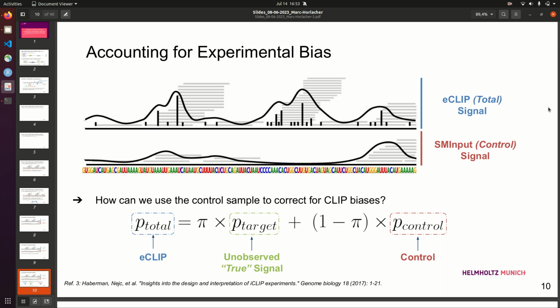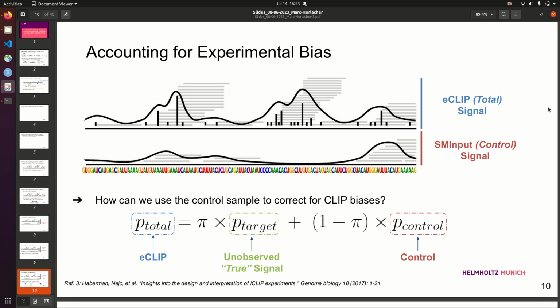Given our prediction of the control crosslink count distribution, as well as the prediction of an unobserved, quote-unquote, true crosslink count distribution, which represents the crosslinks of our target protein, we redefine the crosslink count distribution of the CLIP as a relative mixture between the target and the control predictions.